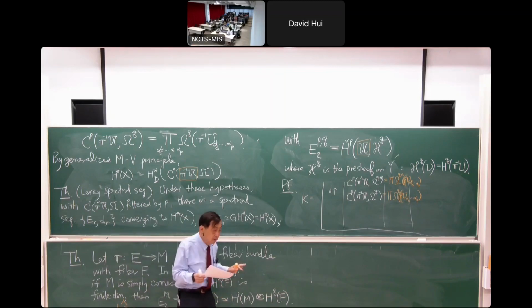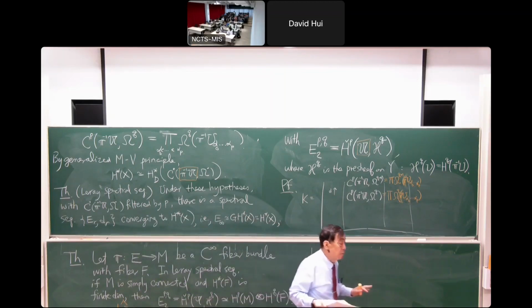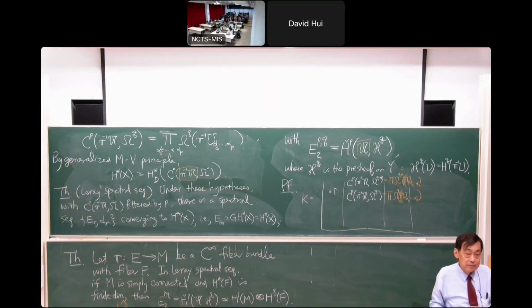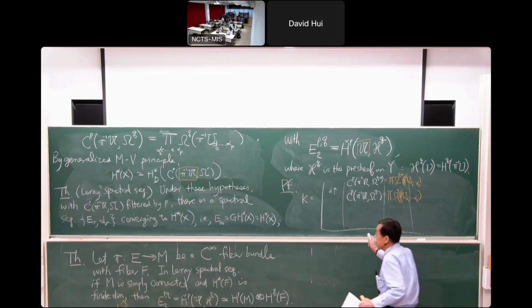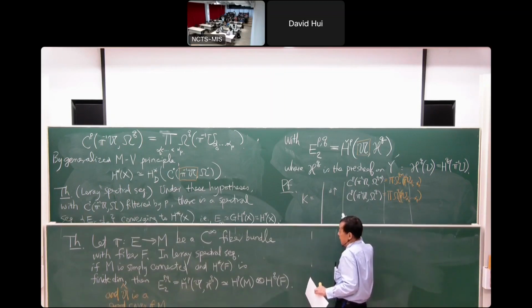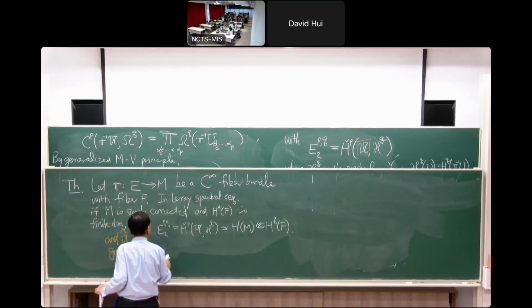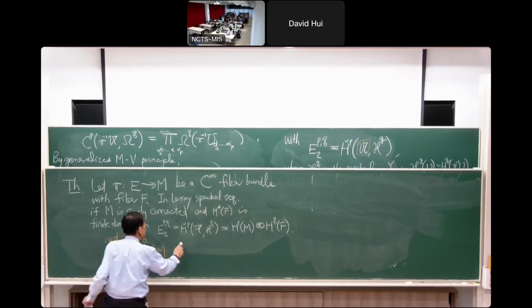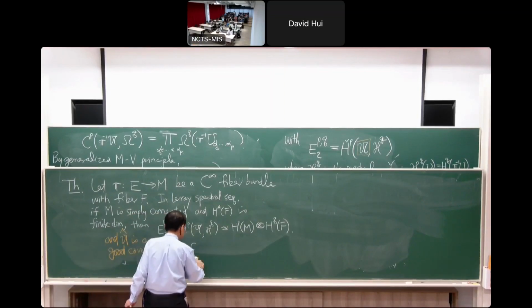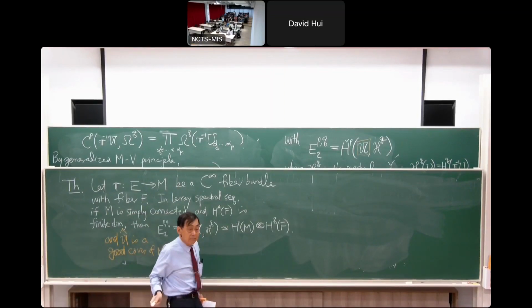So I will do an example. I will calculate the cohomology of CP2 using the Leray spectral sequence. I'm going to leave the proof to later because I would like to do an example after the break.